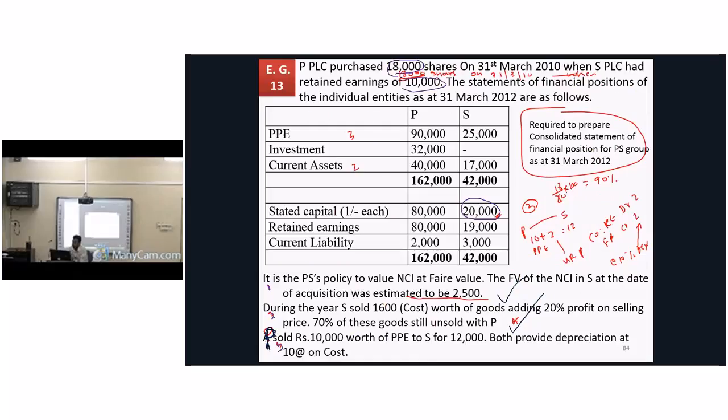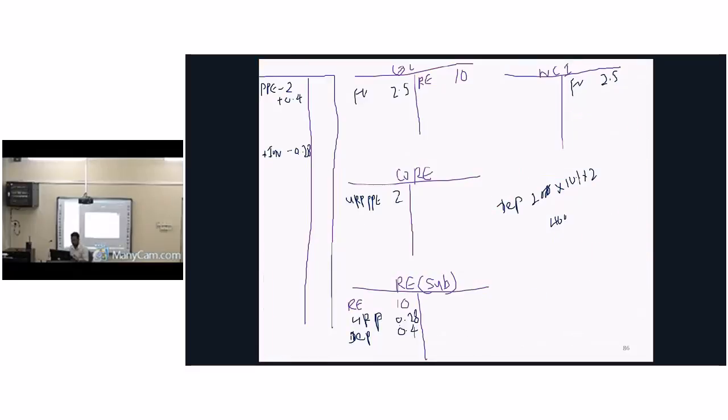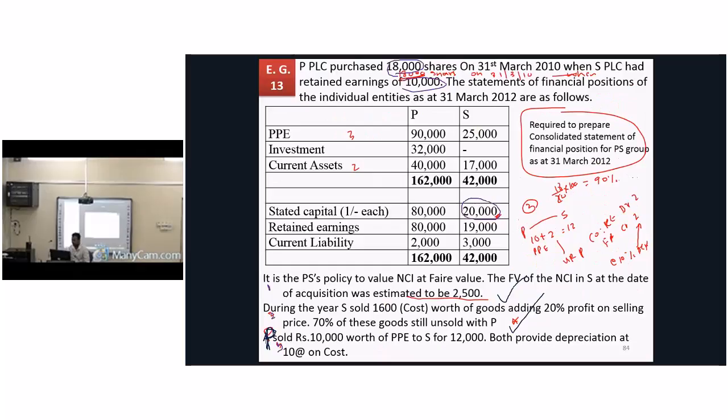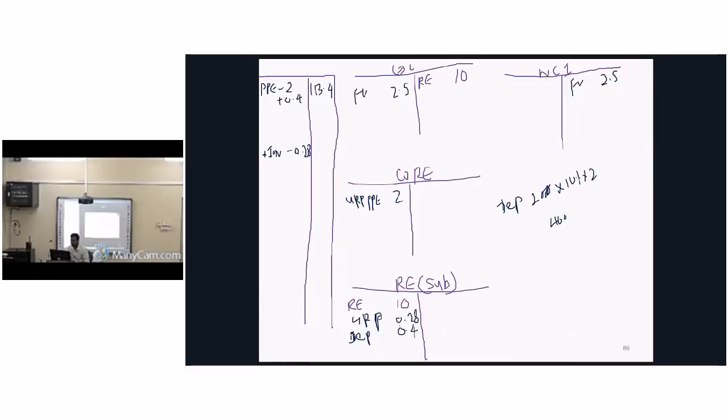Now we can go line by line. PPE 90 plus 25. Look here. 90 plus 25 plus 0.4 minus 2, it is 113.4. Then next line, investment 32,000, it comes to cost of control account as investment 32,000.